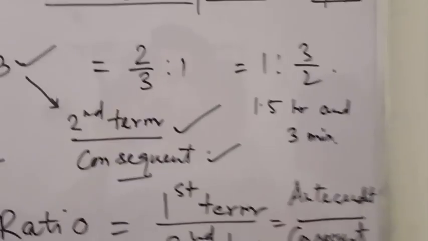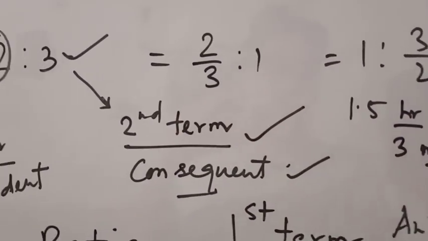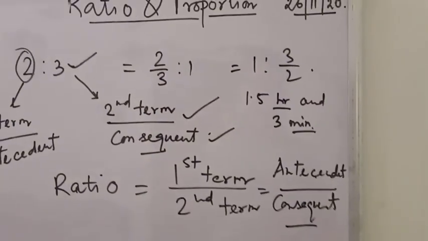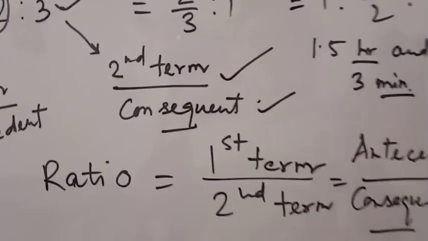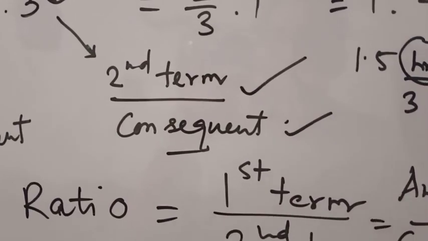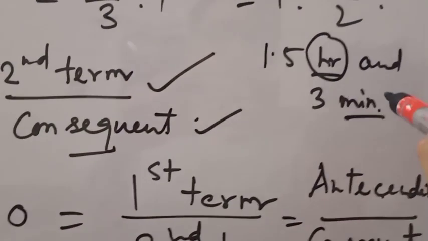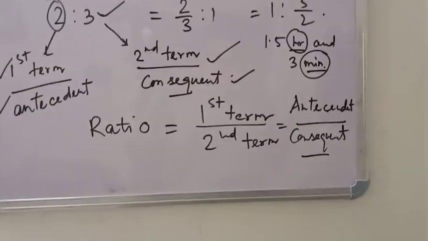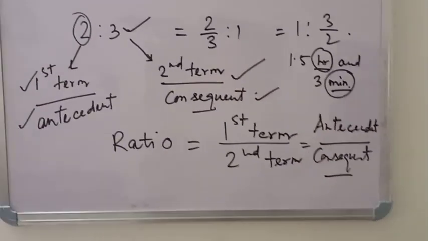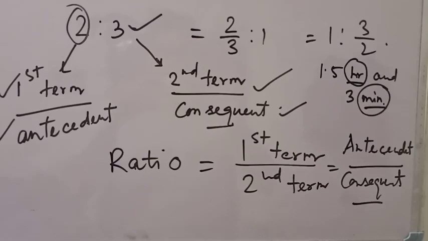When different units are there, hour and minute, then you have to convert into the minute or into the hour, the same unit. If same units are there, then you can find the ratio.